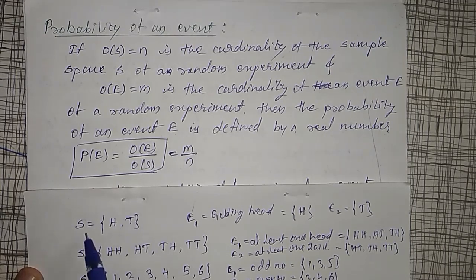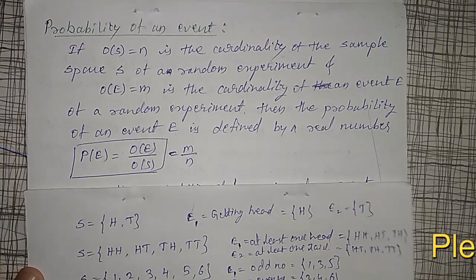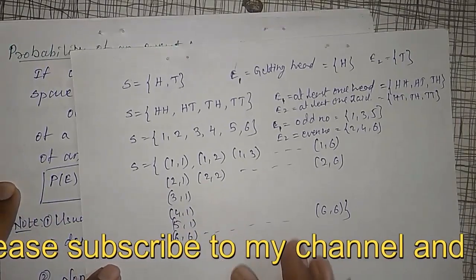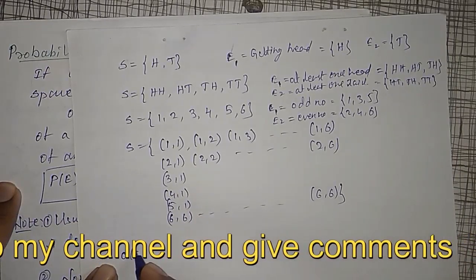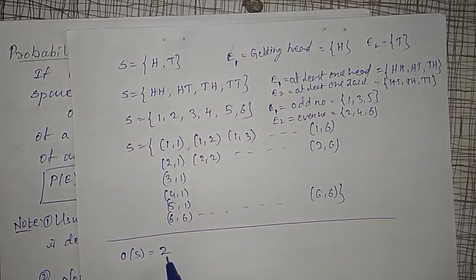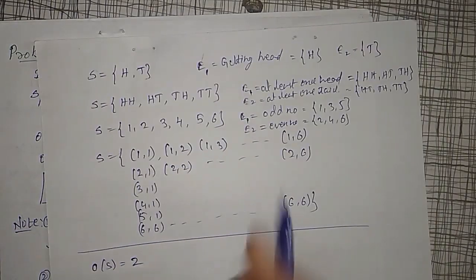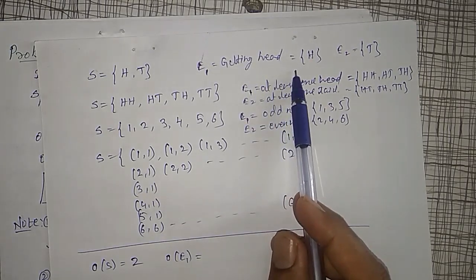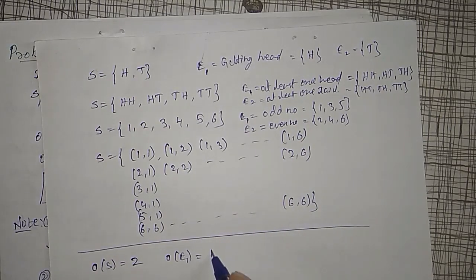Say here S, whenever a single coin is tossed, S is nothing but head, tail. Therefore order of S is equal to 2. Whenever a single coin is tossed, order of S is equal to 2. And getting a head, E1, I have made, therefore order of E1 is equal to 1, getting a head, that is 1.